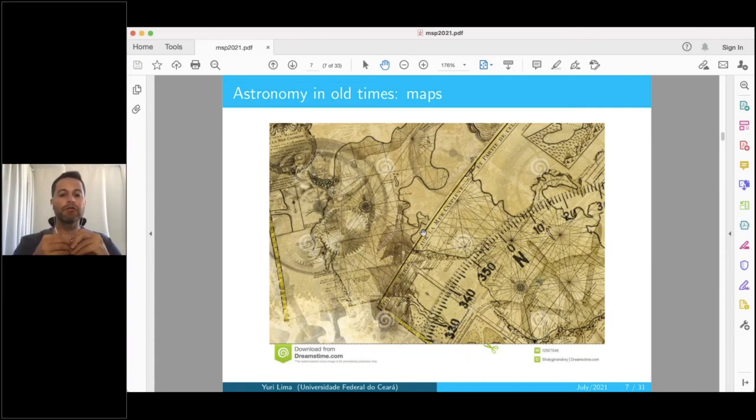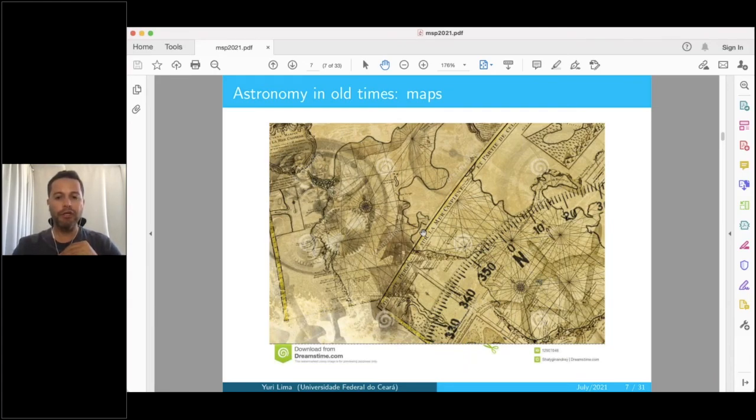Because if you wanted to, for instance, organize a trip, a navigation going from, let's say, Portugal to India, you wanted to know in advance what the positions of the planets were so that you could draw the best route to follow.